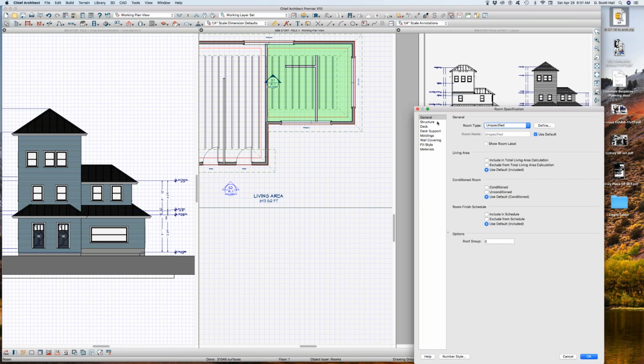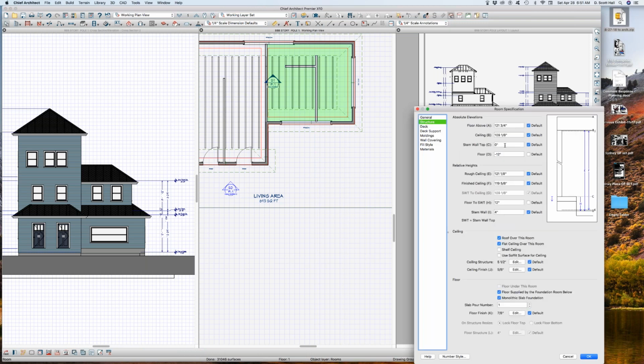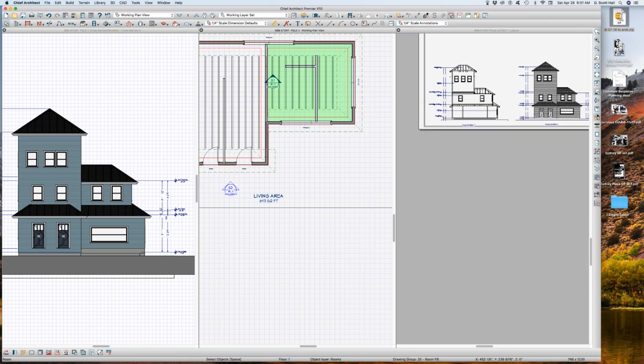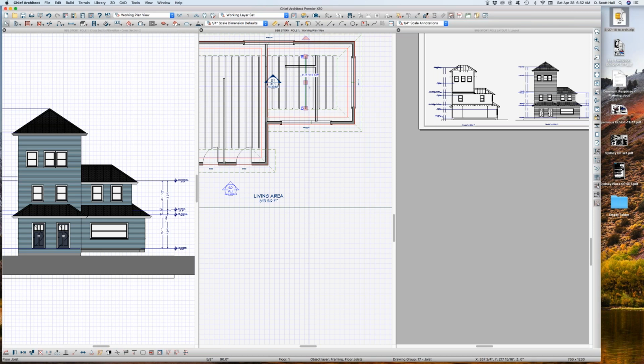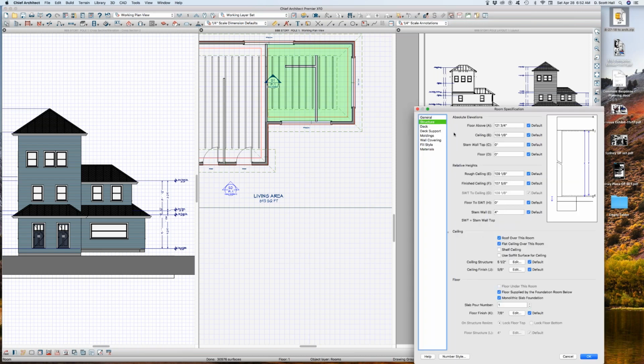UU structure. Done. That's better. So if I come down here, monolithic slab. Okay. Structure.